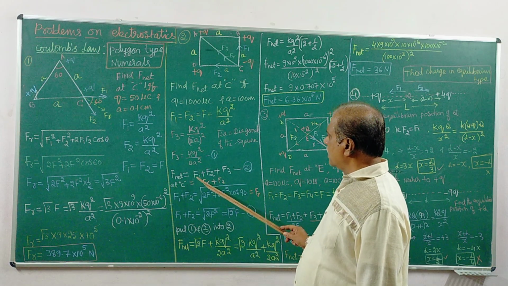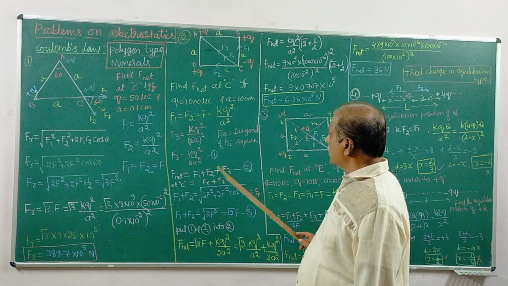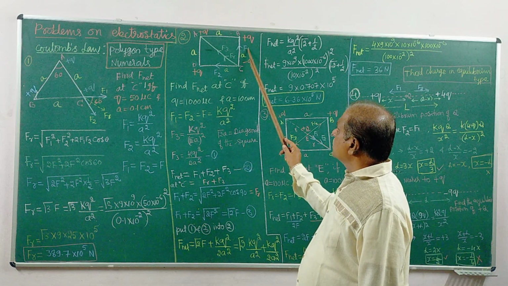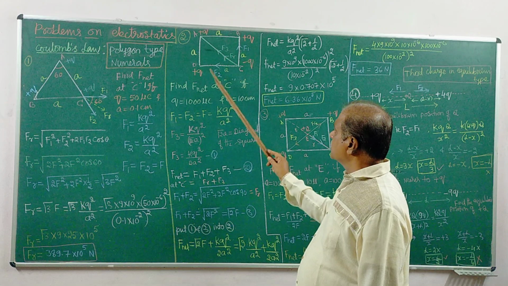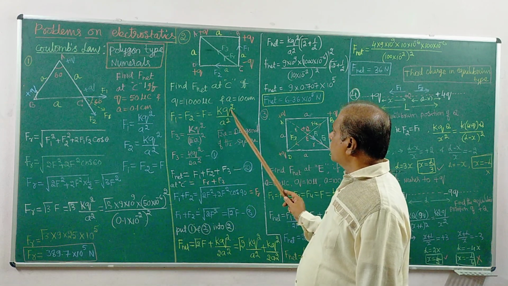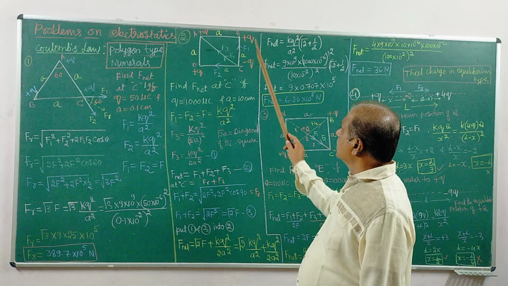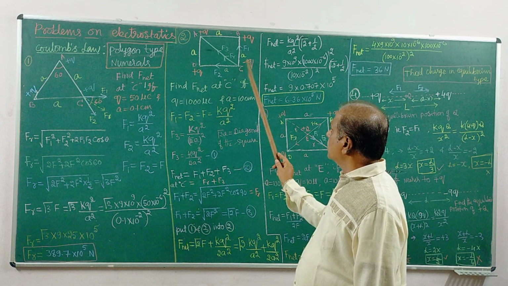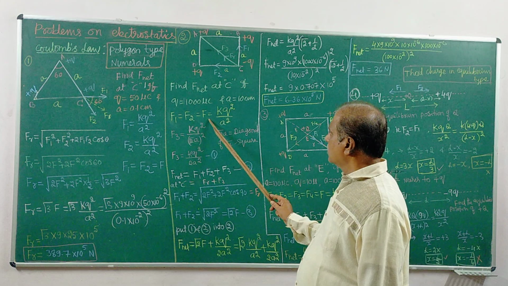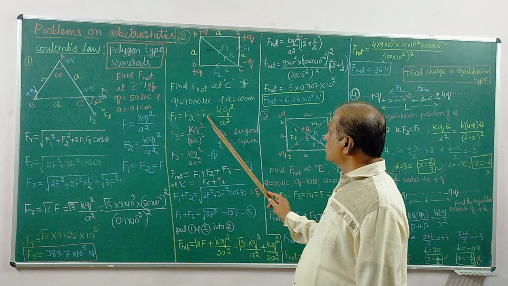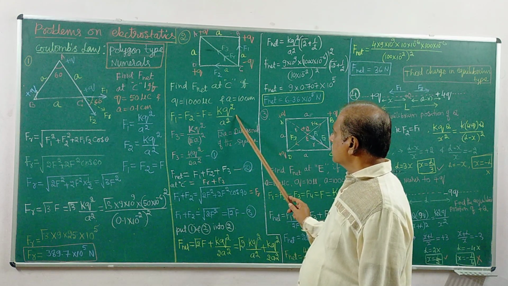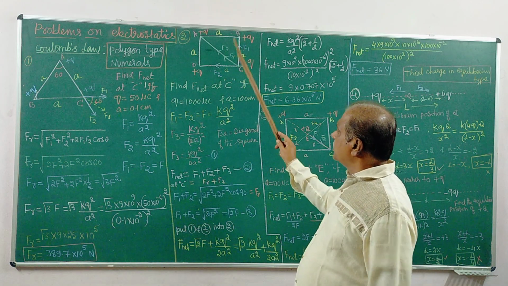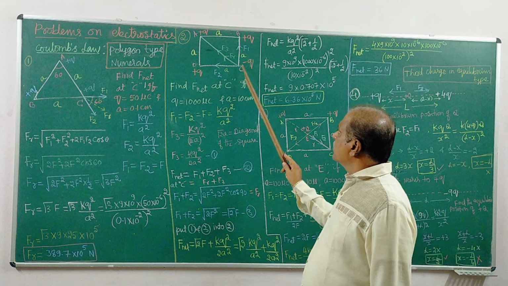And we calculate F1, F2, F3. F1 is equal to F2, because of the same charges and same distance of separation. F1 equals K q squared by a squared, and F2 is the same, q squared by a squared. So F1 equals F2 equals F. What is the equation for the force F3 between these two?